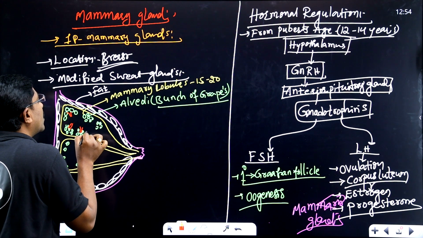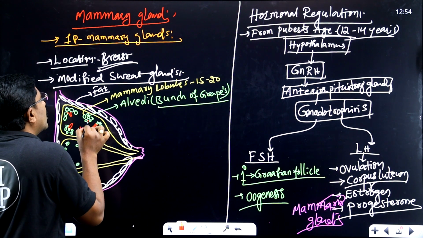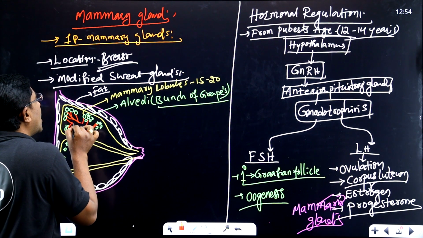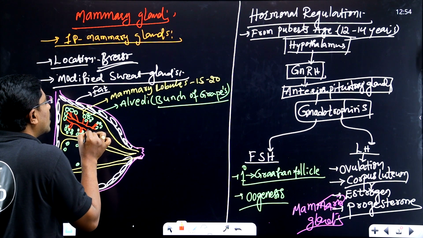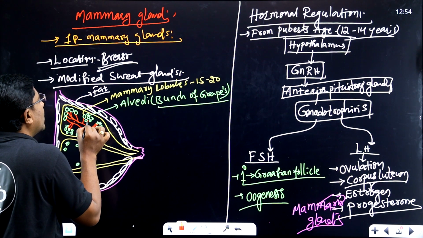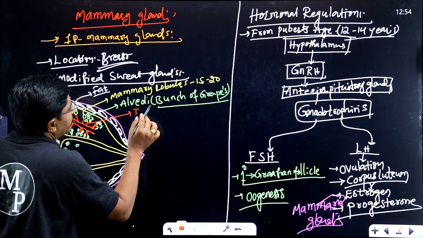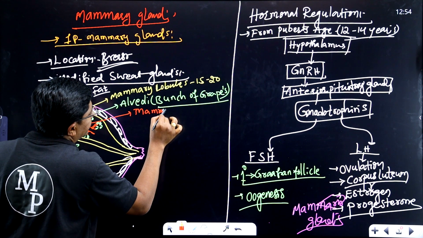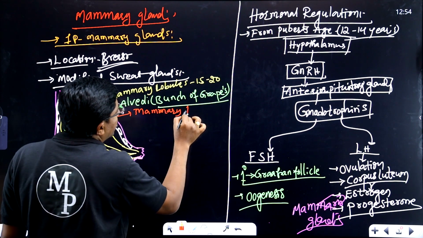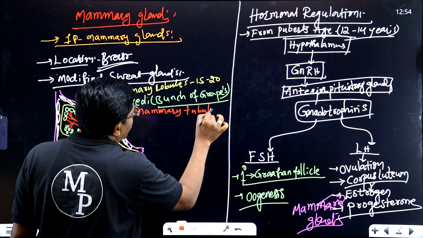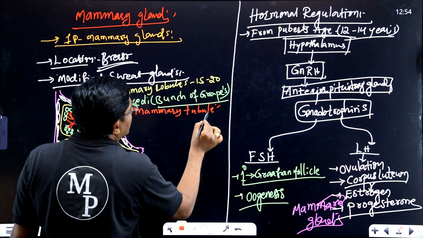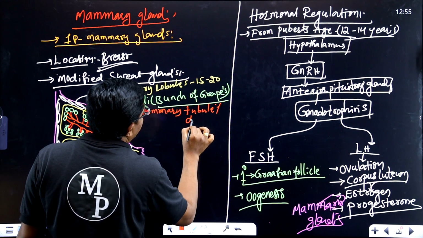All these small mammary lobes fuse and form one large mammary tubule. It is also called a mammary ductule.